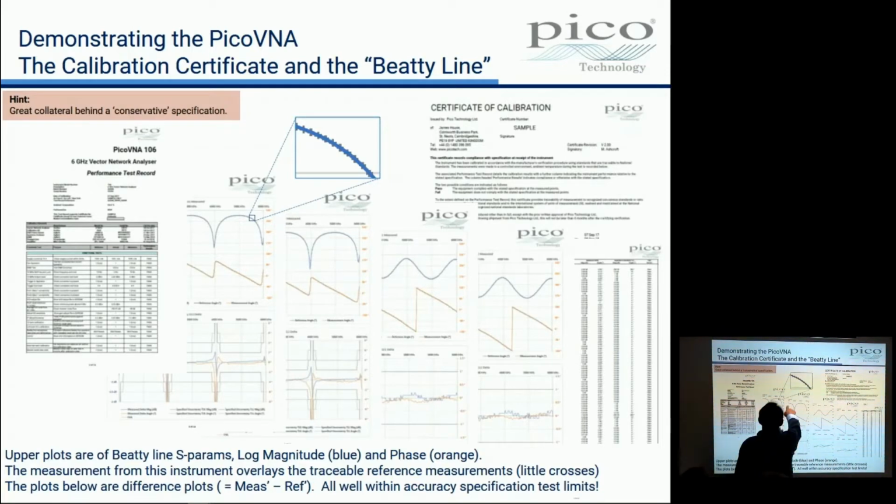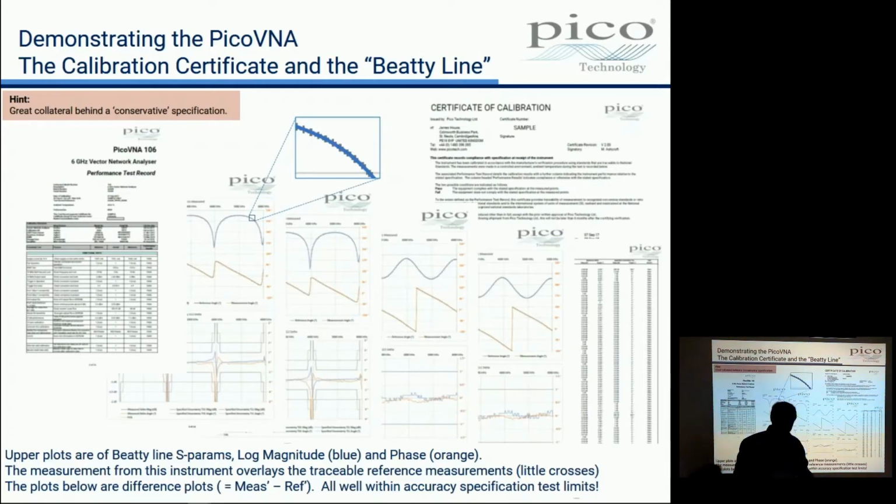And you can see that the crosses and the line overlay so considerably that you can barely see the crosses on these certificates. At the bottom, there are 2 difference traces. The blue one is the difference between the crosses and the blue line at the top. And the orange, likewise, the difference between the orange and its crosses.